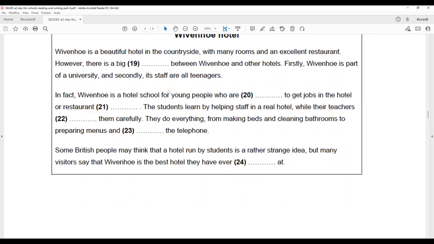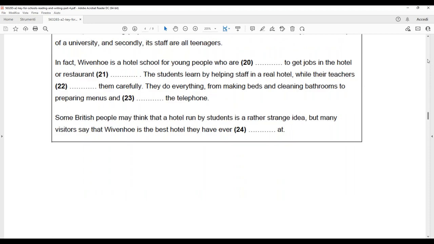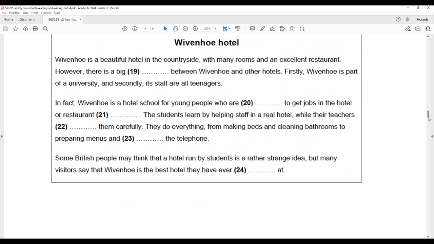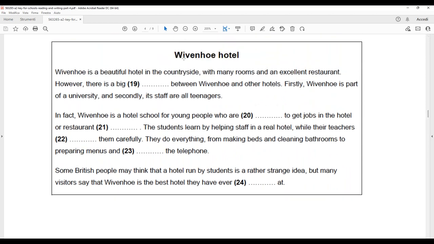So the text is not very long, as you can see. It's a short text about a hotel, Vivenau Hotel. I'm not sure about the name of the hotel. Vivenau, maybe if it's German, is a beautiful hotel in the countryside with many rooms and an excellent restaurant.